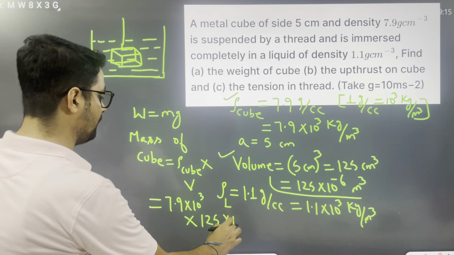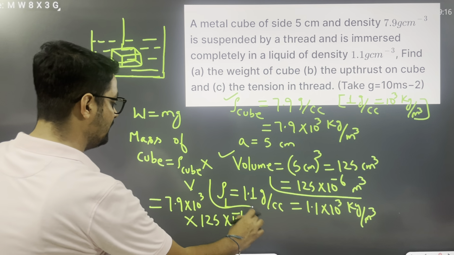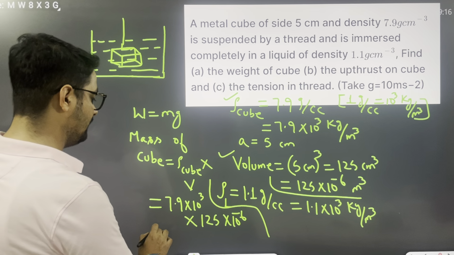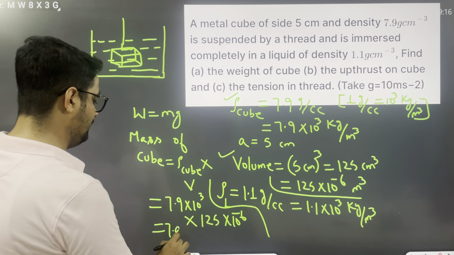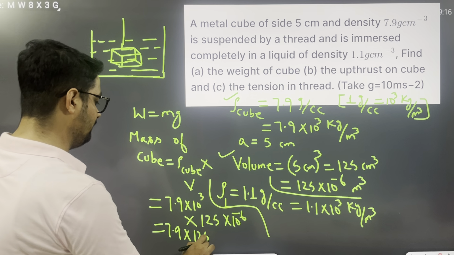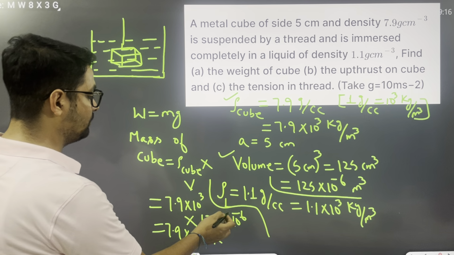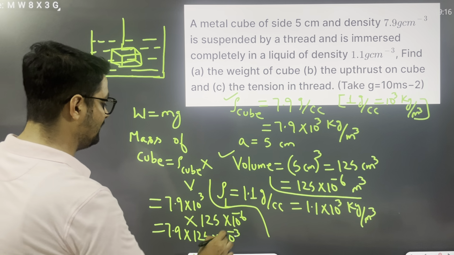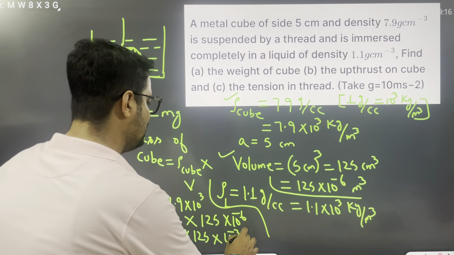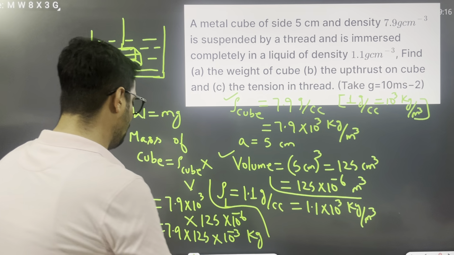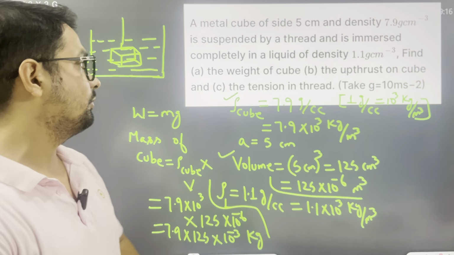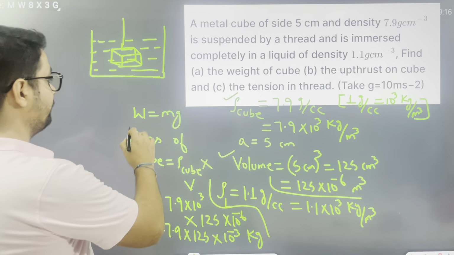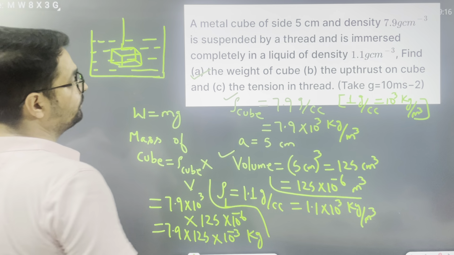When you multiply this, 7.9 into 125 into 10 to the power 3 into 10 to the power minus 6 into 10 to the power minus 3 kg, this will be the mass of the cube. So the first answer will be this one, the weight of the cube.